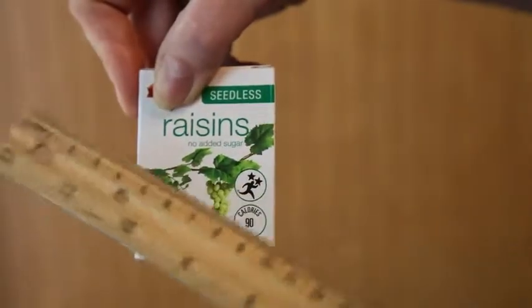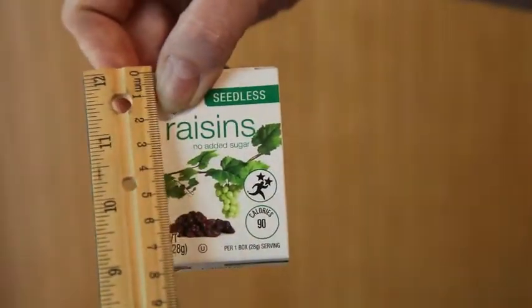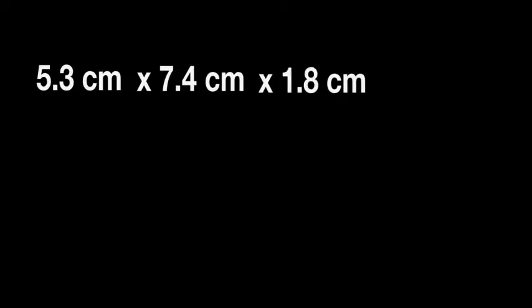Using a metric ruler, we measure the length to be 5.3 centimeters, the height to be 7.4 centimeters, and the width to be 1.8 centimeters. When multiplied together, we get a volume of about 70.6 cubic centimeters, expressed as centimeters to the 3rd power.